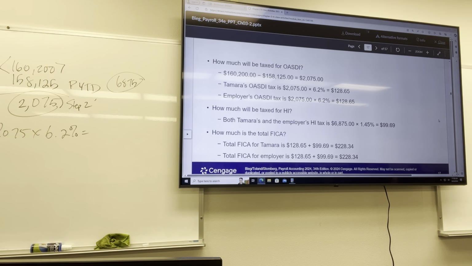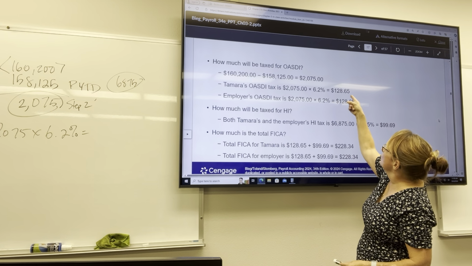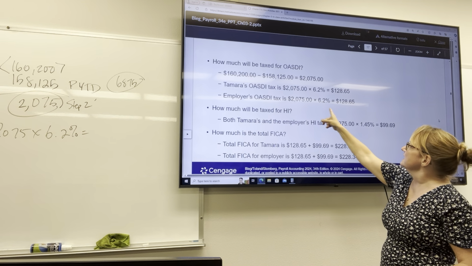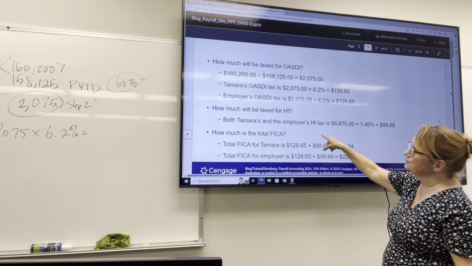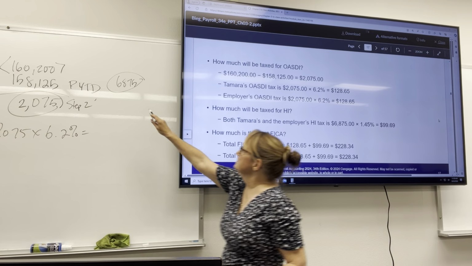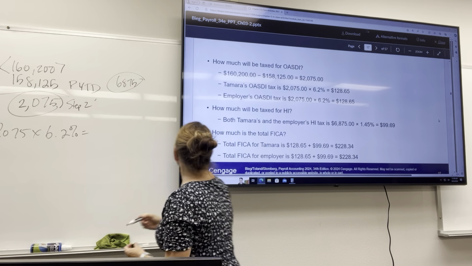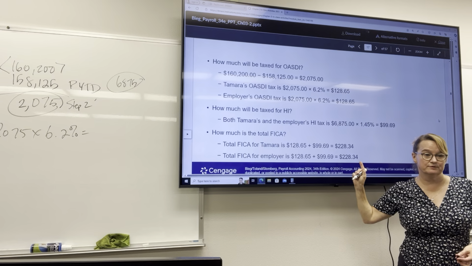So same sort of calculation here, presented just a little bit differently. 160,200 minus 158,125, we get that. So calculate it out. $128.65 OASDI tax. For Medicare tax, the entire 6,875 is going to be subject to it. All right. Total FICA, we're going to be adding both of those together.